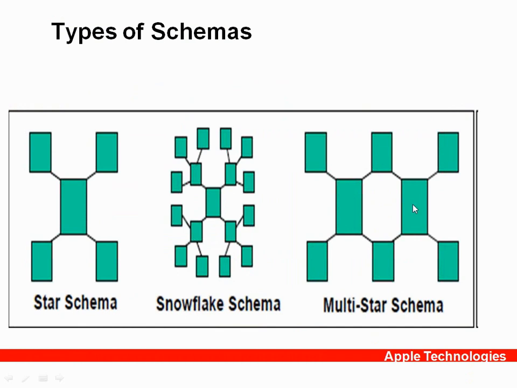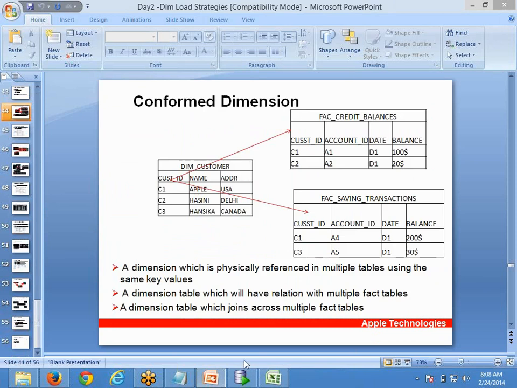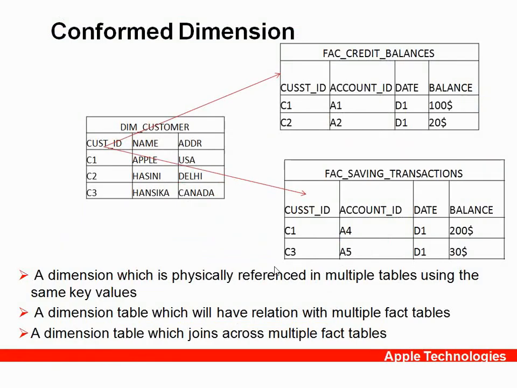Whenever you see this kind of diagram, you can say that dimension is a conformed dimension, just to easily identify it in a diagram. The actual meaning of a conformed dimension is a dimension table which is shared across multiple fact tables. For reporting people, it is very, very important, and we'll discuss it later.